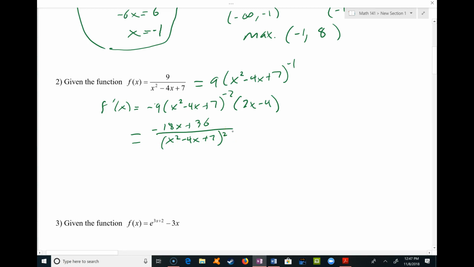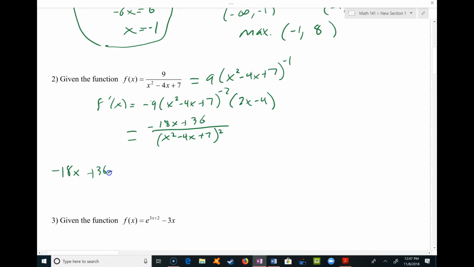So there's no points of undefinedness for the first derivative. So I'm just going to solve negative 18x plus 36 equal to 0, which means negative 18x is equal to negative 36, which means x is equal to 2.